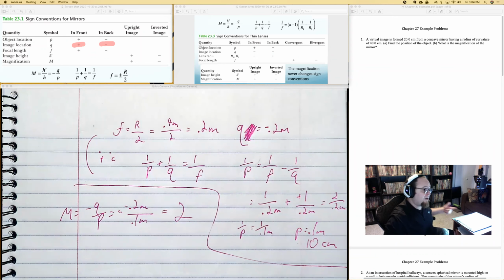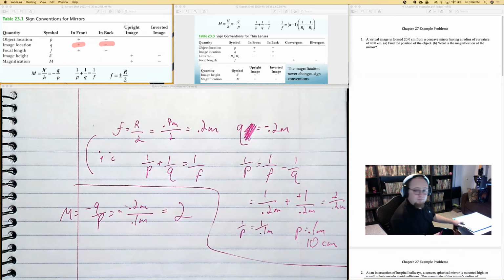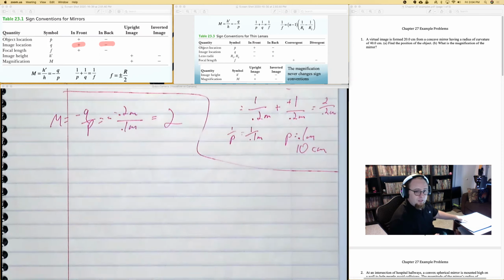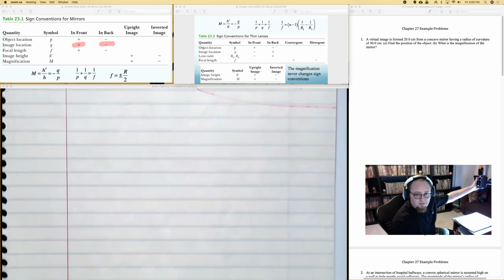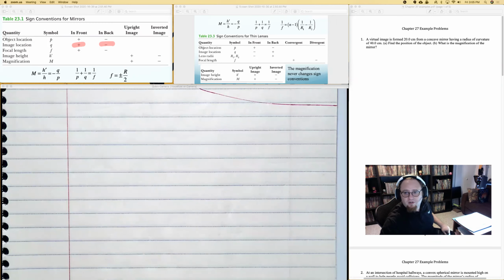I can also say I know this image would be upright because the magnification is positive. Any questions? Okay. Nope. Let's slide this up and go to the next one.